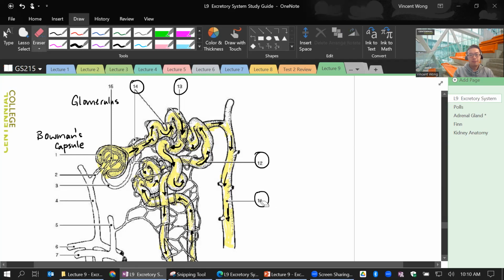Zia, 11, collecting duct. Very good. Anyone else? 14, 13. Probably not 14. 14 is a little bit tricky. I'll do that one later. 13, Brill again for proximal tubule. Yep, that's right.